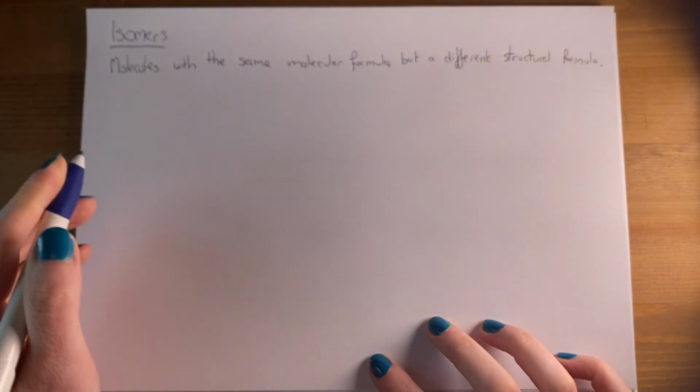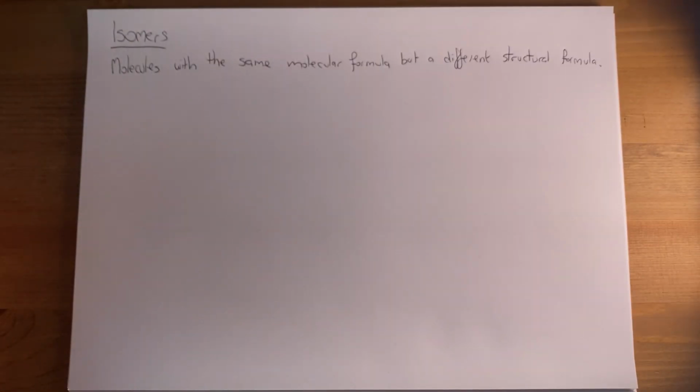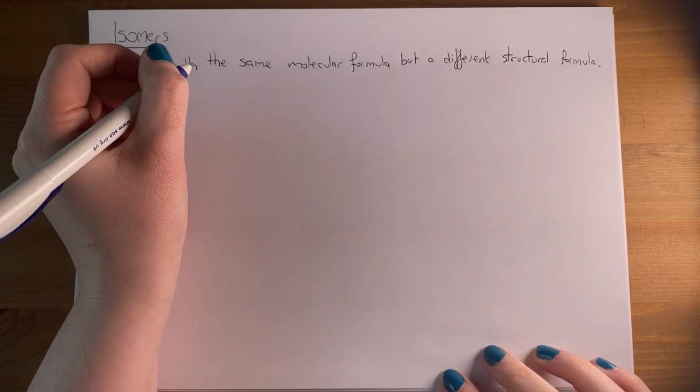So isomers, because there's more than one, are molecules with the same molecular formula but a different structural formula. And to showcase this, I'd like you to think about pentane.